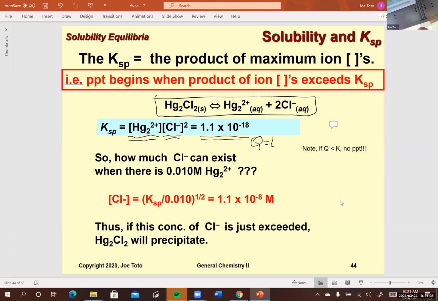Q is going to equal the same definition of K as before, but it doesn't have to have equilibrium concentrations. But the Q concept is still true. In other words, if Q is greater than K, does anybody know what's going to happen?